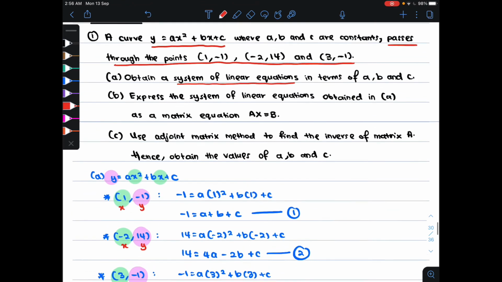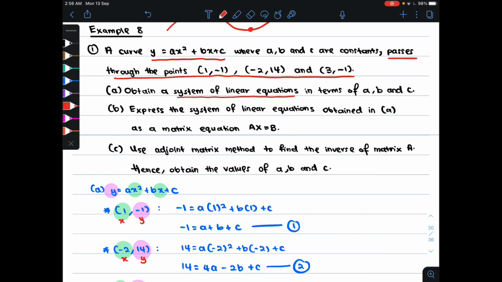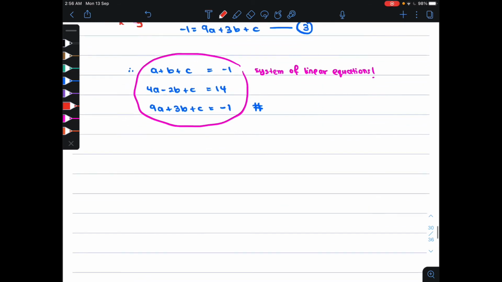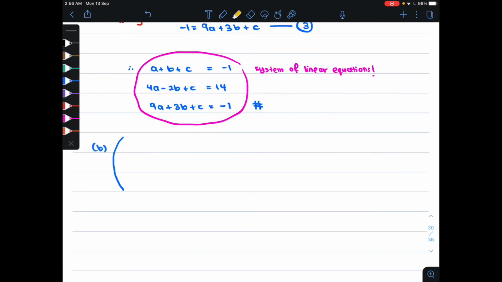Let's continue with question B. Express the system of linear equations in the form of matrix equation which is AX equal to B. So, recall balik untuk AX equal to B, matrix A, dia adalah semua koefisien daripada yang sebelah kiri ni. So, let's look at the first row. The coefficients are 1, 1 and 1.